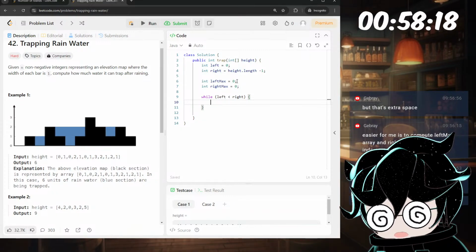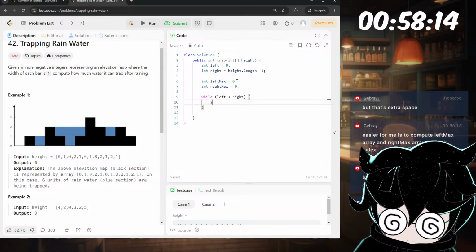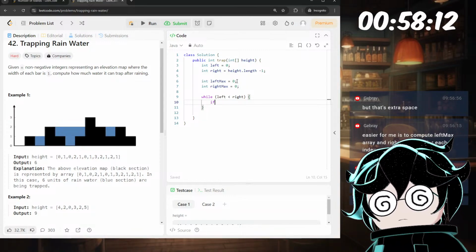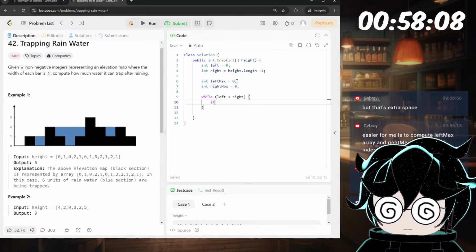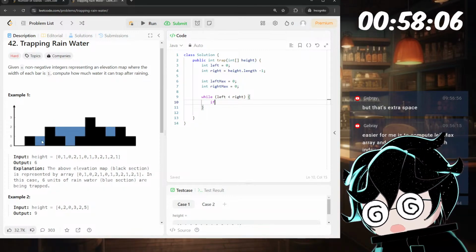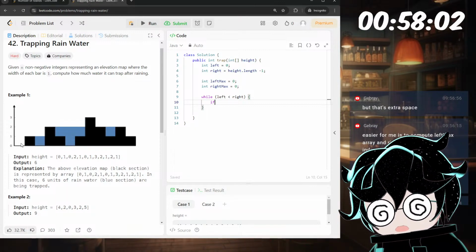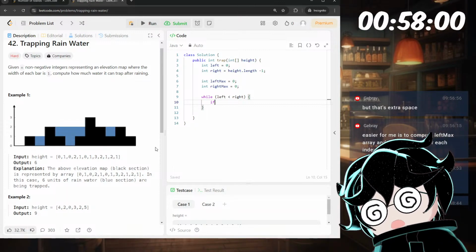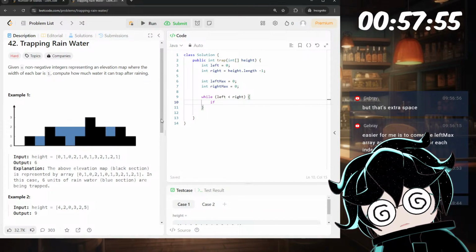Okay, how do we do this? Do we keep track of... Okay, so what do we do? Everything is at 0 right now, right? So we can't possibly support any water. Or can we?